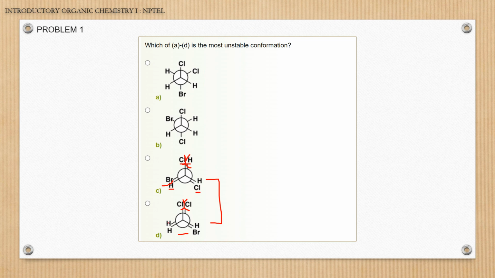But in this case, the two chlorines are present in proximity, and the steric strain is arising because of the sterically bulky Cl atoms, right? So, any doubt up to here why D is more unstable than C? All of you have understood what I'm talking about.